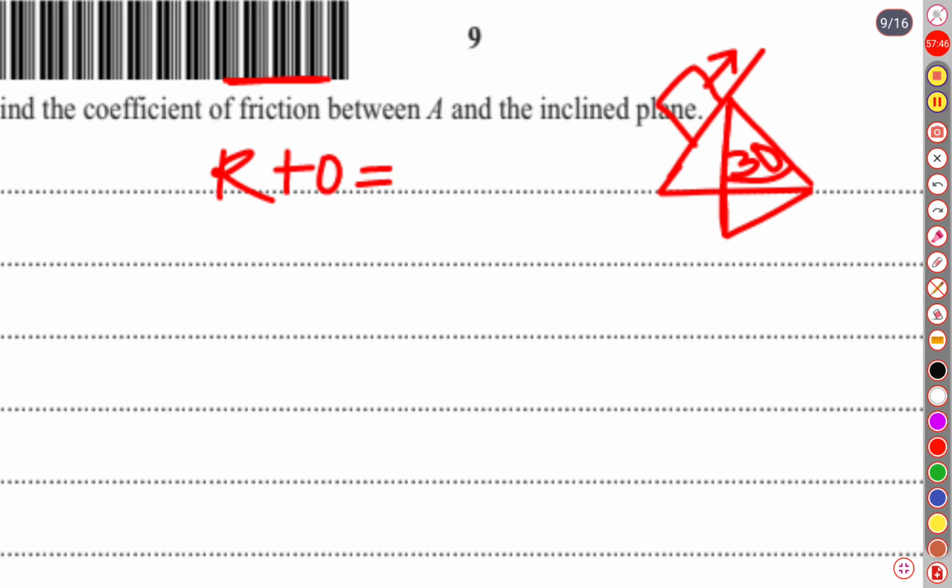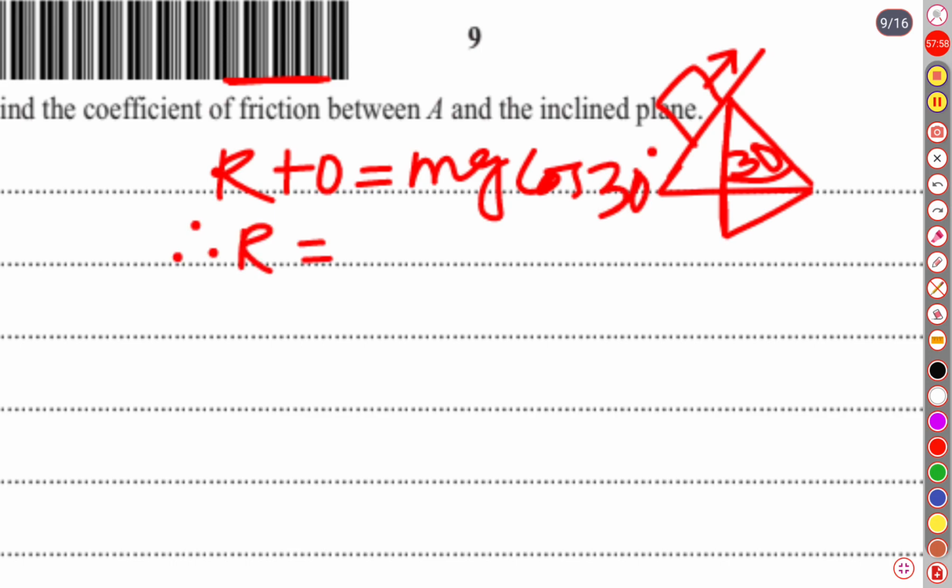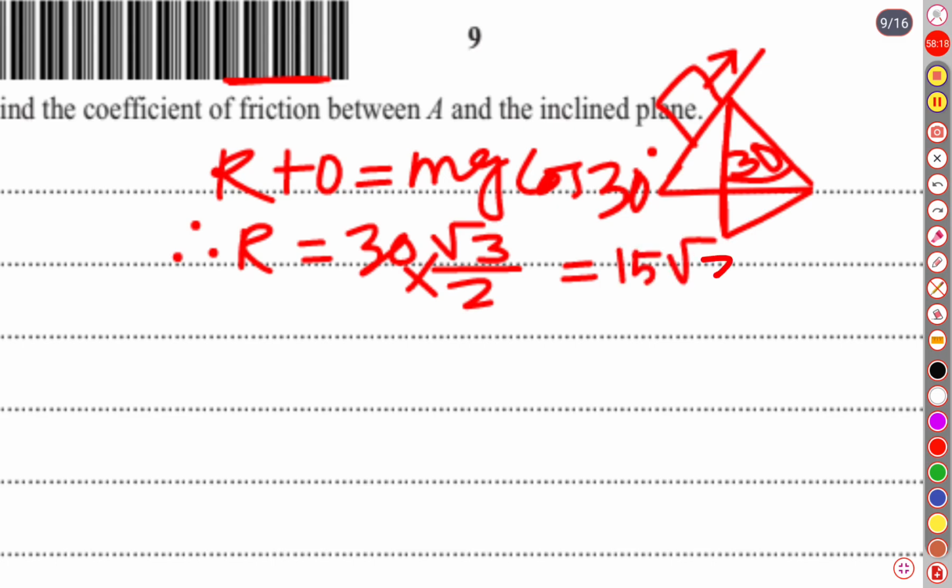So the downward force is mg cos 30 degrees. Hence R is going to be, mass of particle A was 3, so 3 into 10 is 30, and cos 30 is root 3 over 2. So R is 15 root 3. Normal reaction is 15 root 3.